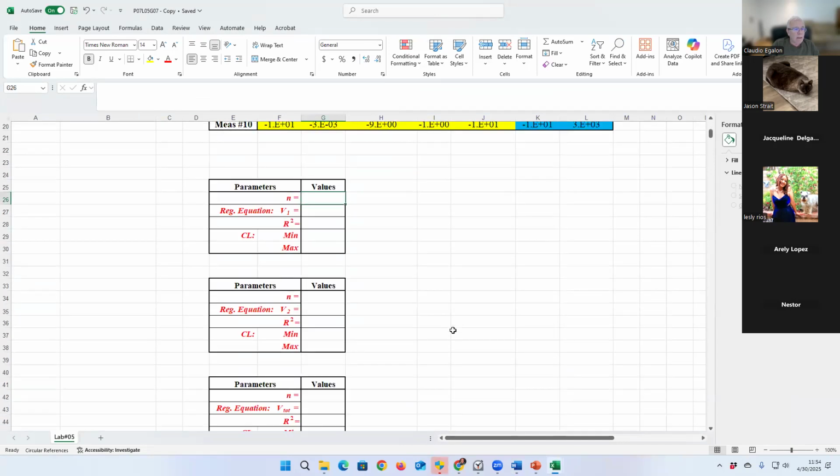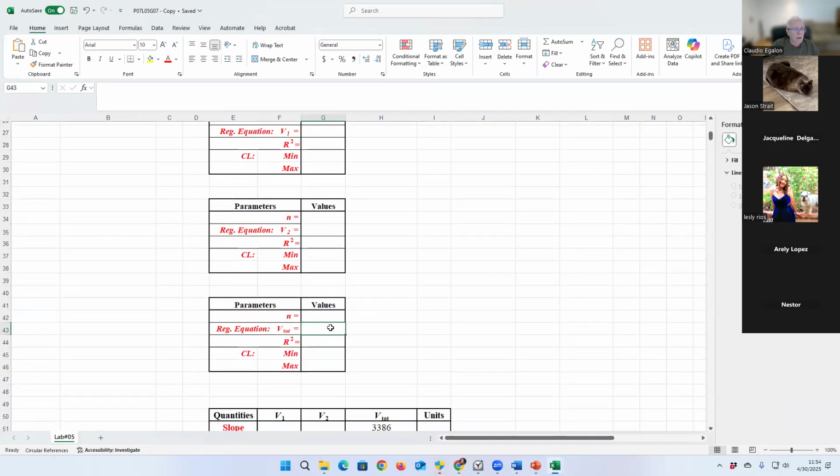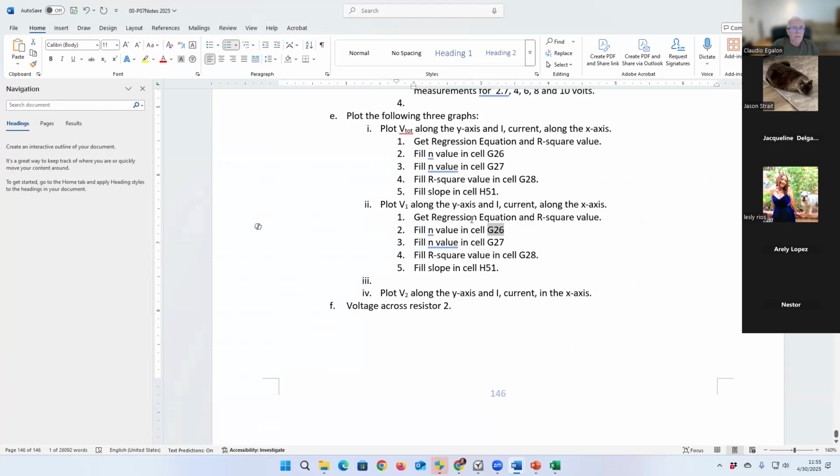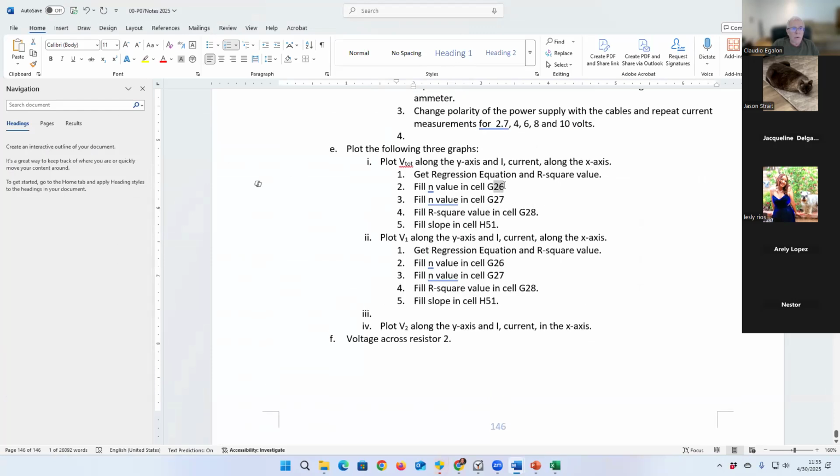Ah, wait a minute. Okay, V total is a different cell. It's G42. Okay, let me fix that. V total is G42, 43, and 44. Right?